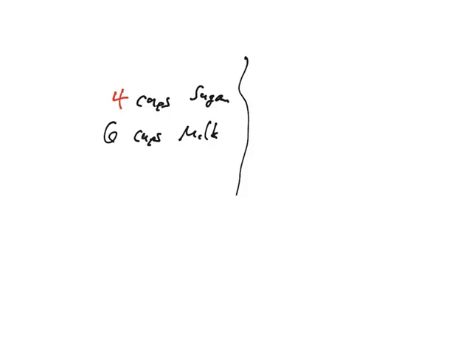One nice use of multiplication is proportional reasoning. Like if I say there's a recipe that takes 4 cups of sugar and 6 cups of milk, and that serves 2 people.